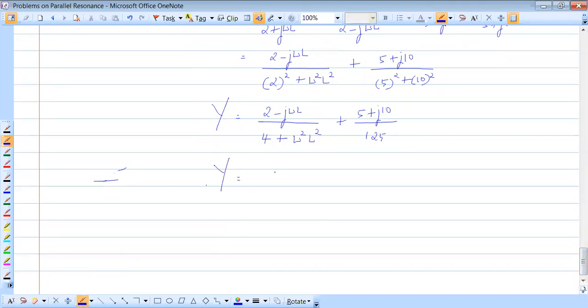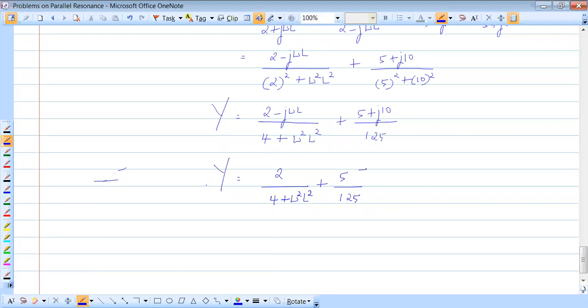So this can further be written as 2 divided by 4 plus omega square L square, plus the real part of the second term, it's 5 by 125.